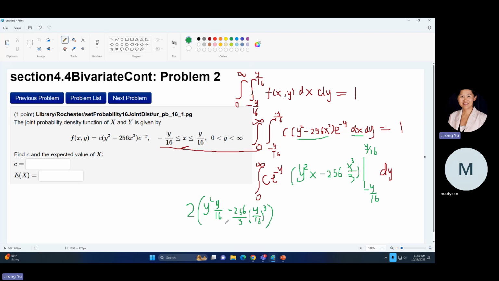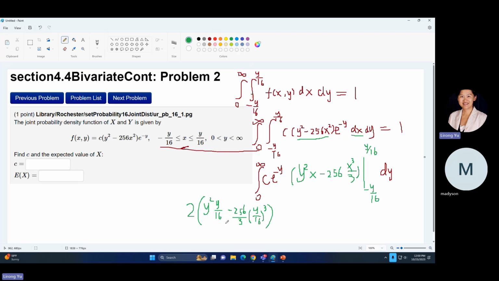Any question? You can just think about this one, like y squared times y over 16, minus y squared times negative y over 16, which will be 2 times y squared times y over 16. So on a symmetric integration limit, with an odd function, the answer will just be doubling the result from 0 to y over 16.